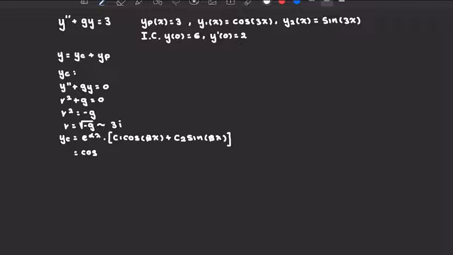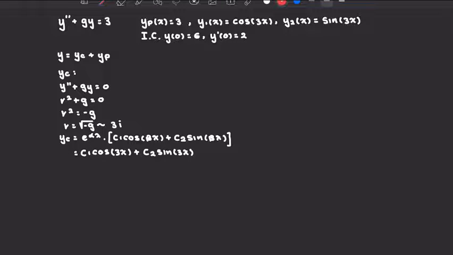And I'm plugging in our beta, which is 3. So c1 times cosine of 3x plus c2 times sine of 3x.